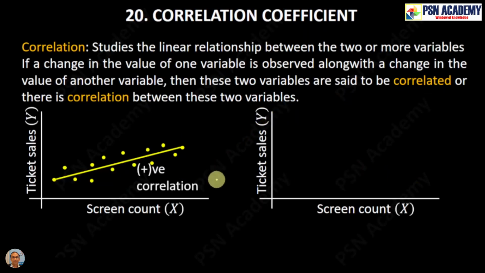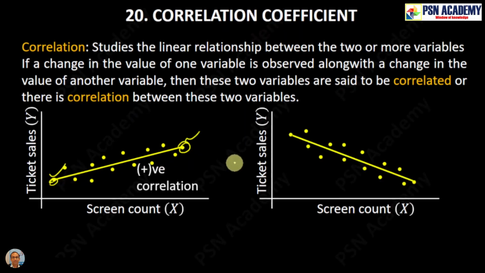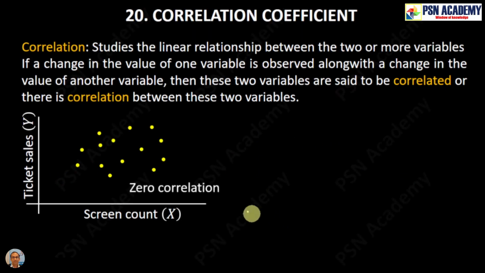This is a positive correlation, because you have a trend from here to here, but this is not perfect because the data points are scattered here and there, but there is a trend line going through them. Also, this side we have negative correlation, but the correlation is not perfect. In this data, we have zero correlation because no trend is observed through this scatter plot, right?